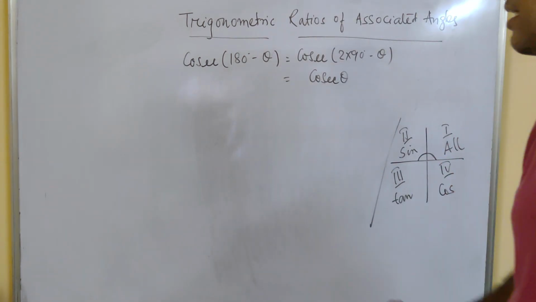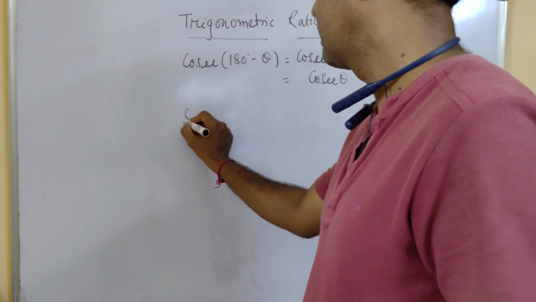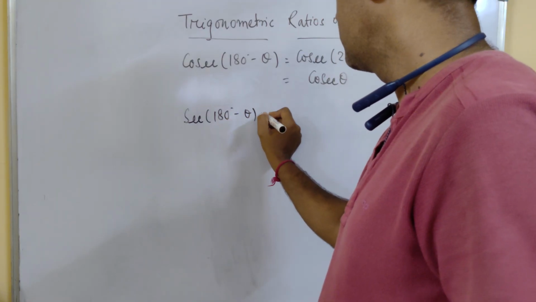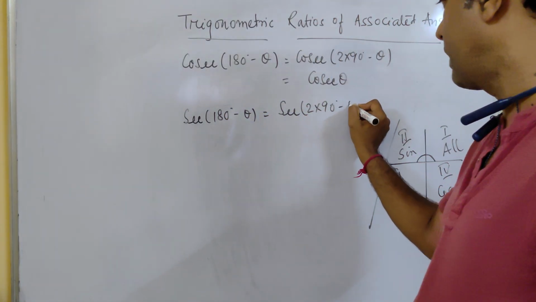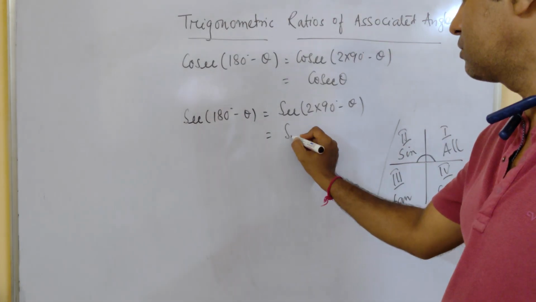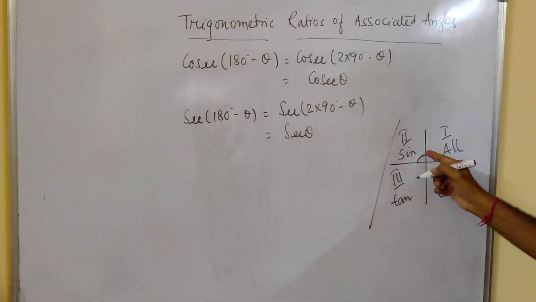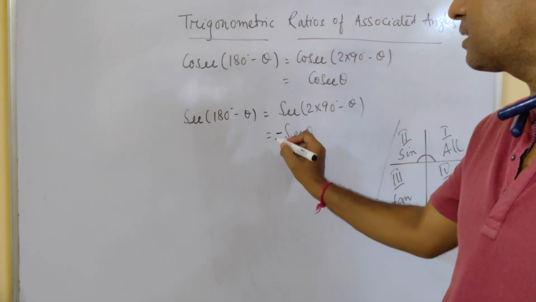So cosec of 180 minus theta is equal to cosec theta. And sec of 180 minus theta, we may write sec 2 into 90 degree minus theta, that is equal to sec theta, but it lies in the second quadrant, so it is minus sec theta.